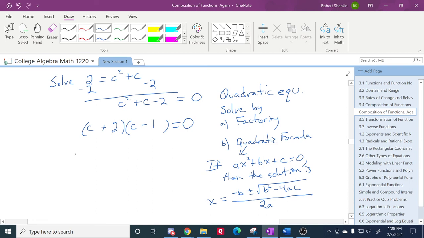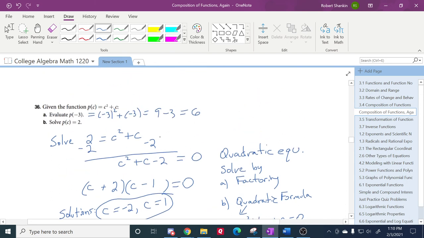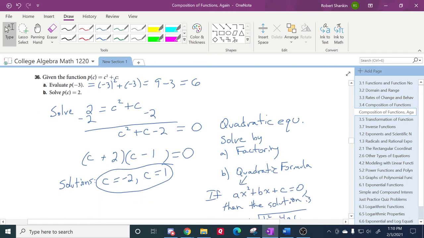Once I have it factored, I can immediately look at this and say, oh, my solution, if c is negative 2, I will get negative 2 plus 2, which is 0. 0 times negative 3, 0 times anything is 0. And another solution is c equals 1. That's it. So the original problem, solve the equation, has these two solutions, negative 2 and 1.